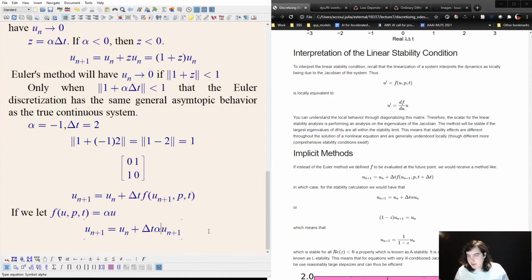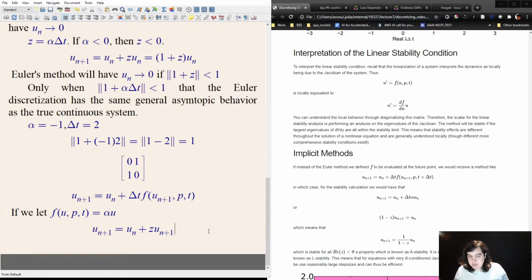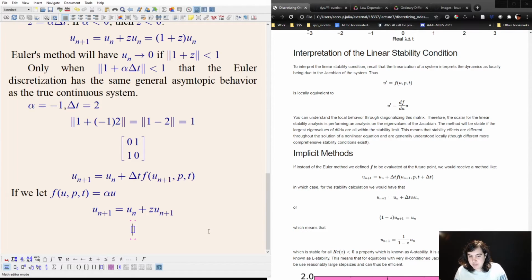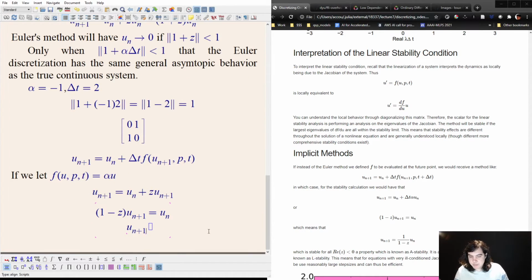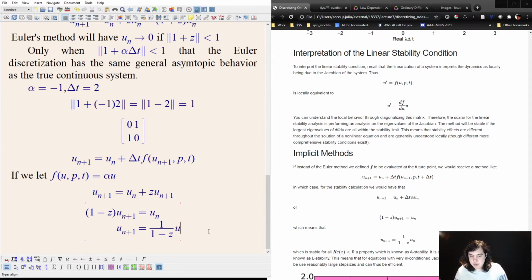It turns out that you always get an alpha times delta t, so you just redefine this as z. And now you have something different: (1 - z) u_{n+1} = u_n. Or another way of writing this is that u_{n+1} equals 1 over (1 - z) times u_n.